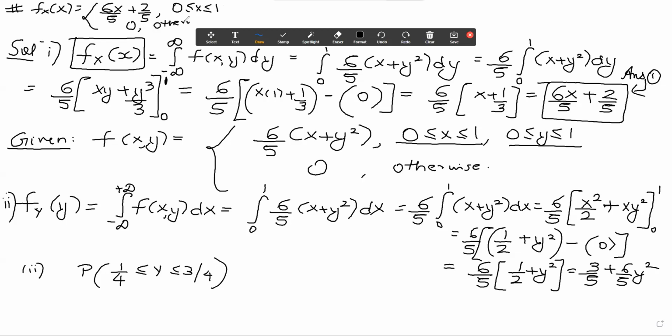This is how you formally write it. Similarly, my f_Y(y) will come out as 6 by 5 y square plus 3 by 5 for y lying between 0 and 1 and 0 otherwise.